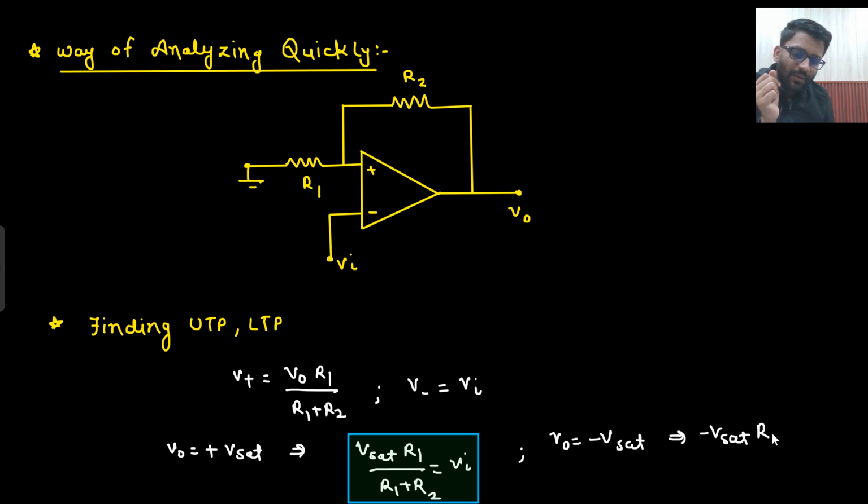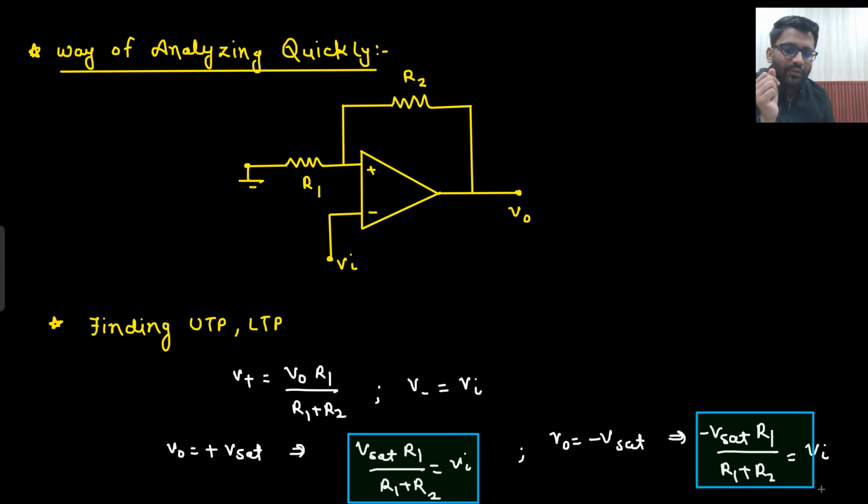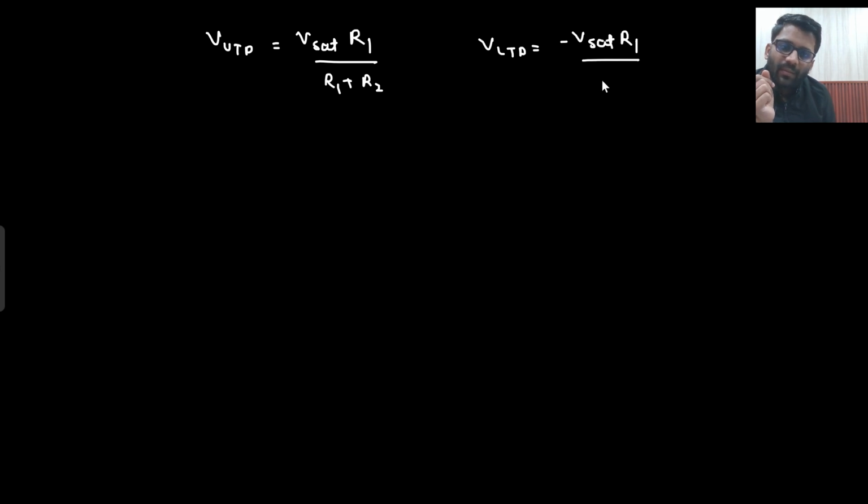Minus V set into R1 upon R1 plus R2. That will be the second value. So two values we are getting. One is UTP, one is LTP. So what is your VUTP? Your VUTP is V set into R1 upon R1 plus R2. And what is your VLTP? That is minus V set into R1 upon R1 plus R2.